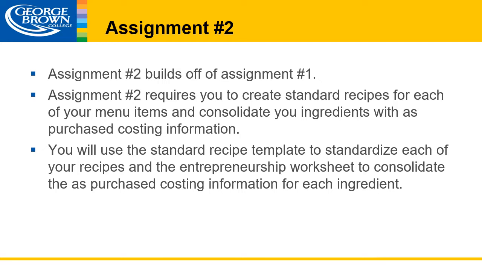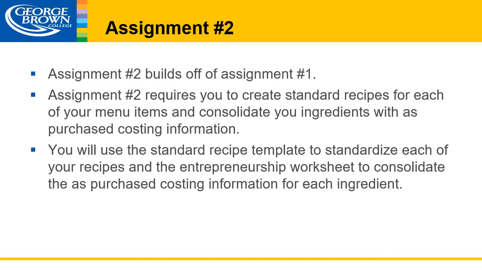While this is a study-at-your-own-pace course, we do have due dates. Assignment number 2, we're communicating the details during week 2. Keep in mind that assignment 1 is due that week. So as you're creating assignment number 1, keep in mind that assignment number 2 builds off it.